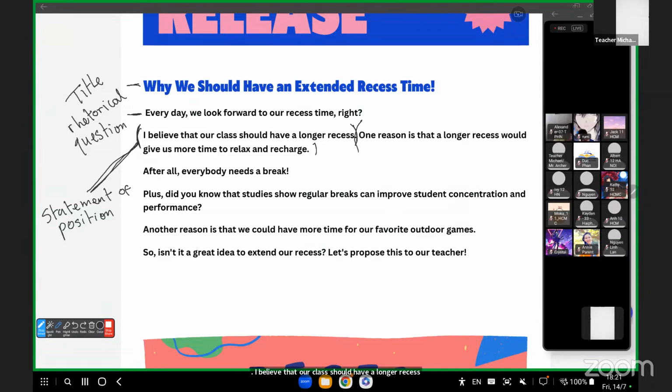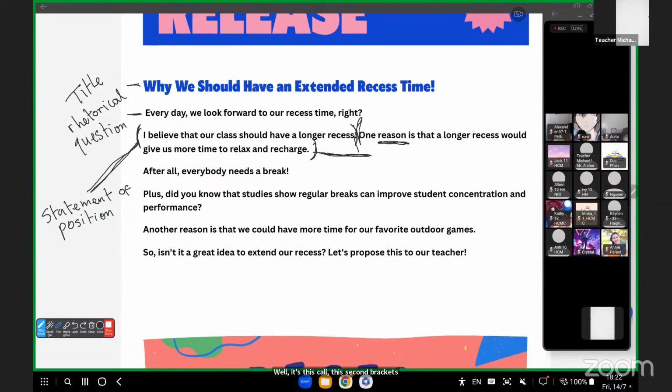And what about this next section here? What's that called? What's this called? The second brackets here. I've underlined the key word in this sentence. What part of the persuasive writing is this?